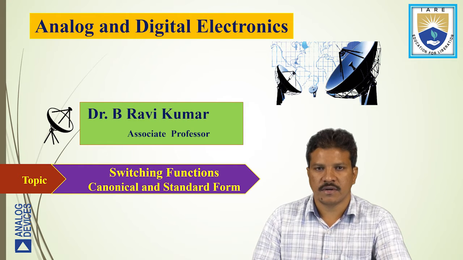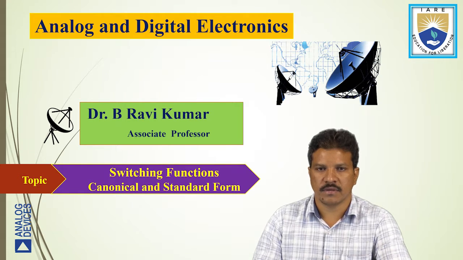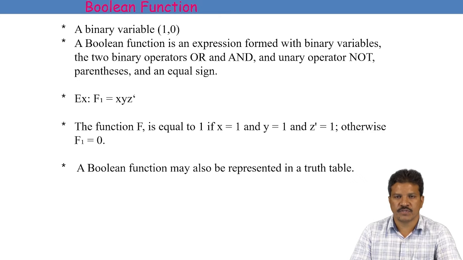In this lecture, I am going to explain about switching functions and the canonical standard forms. A Boolean function or switching function is made up of Boolean variables. What are Boolean variables? A Boolean variable contains the range of values 0 and 1.